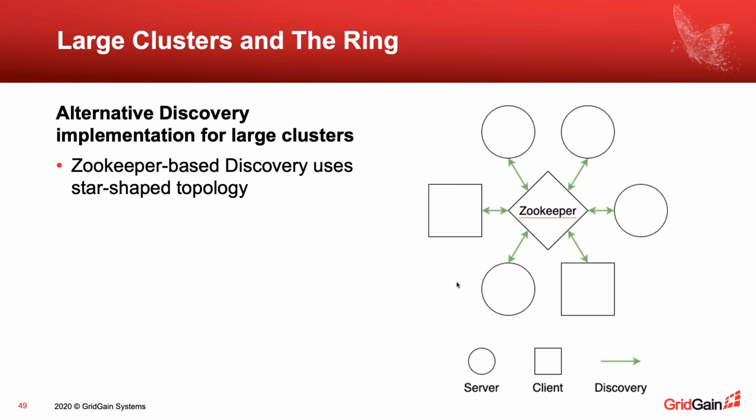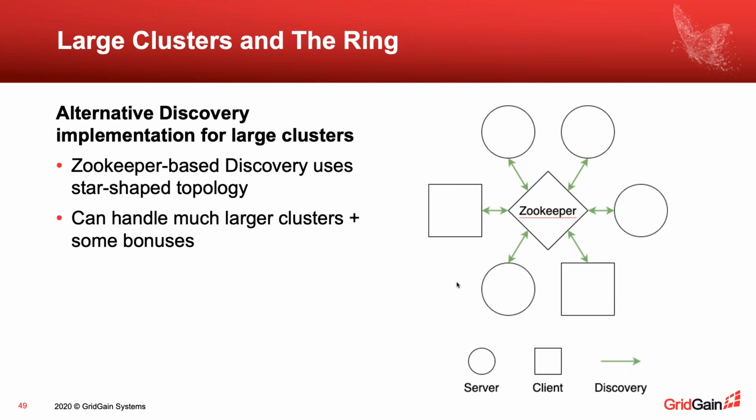And what Apache Zookeeper does for Ignite, it serves as a central piece for delivering discovery events. In Zookeeper-based clusters, Zookeeper is the central part of the discovery topology. All nodes are connected directly to Zookeeper, which makes this a sort of star topology with Zookeeper in its center. The benefit is that Zookeeper helps us to handle much larger clusters.